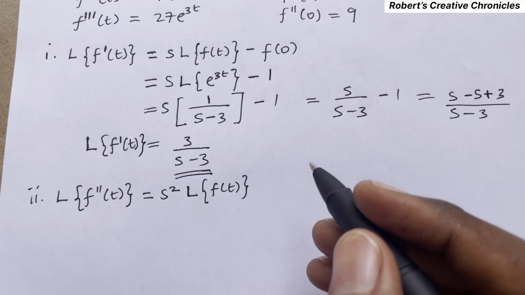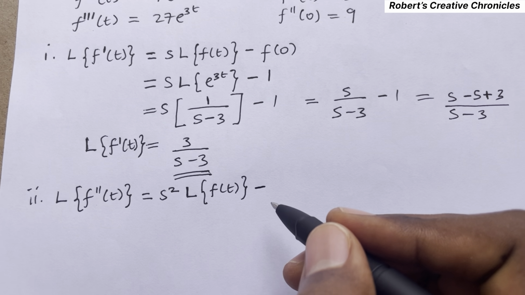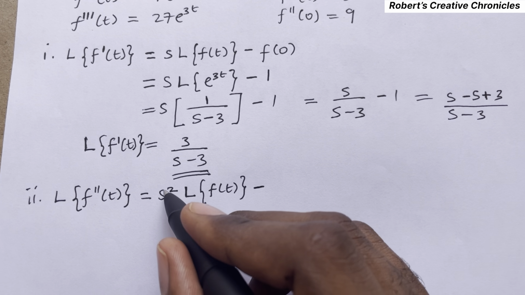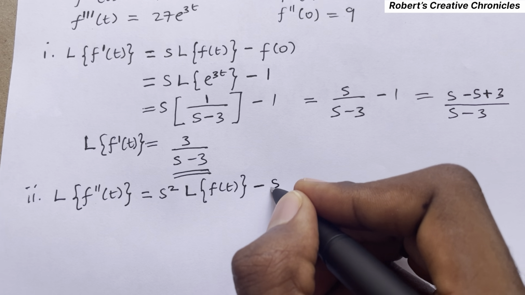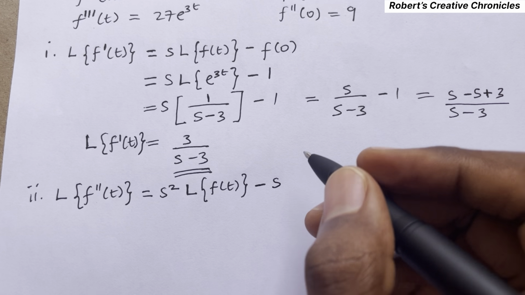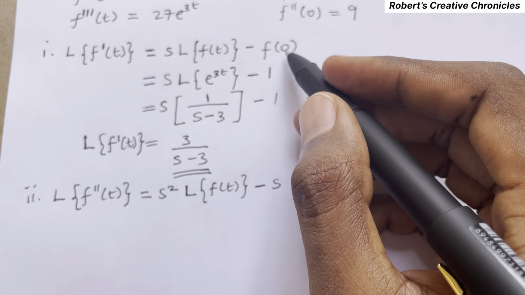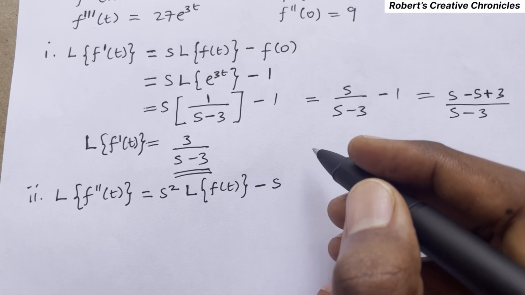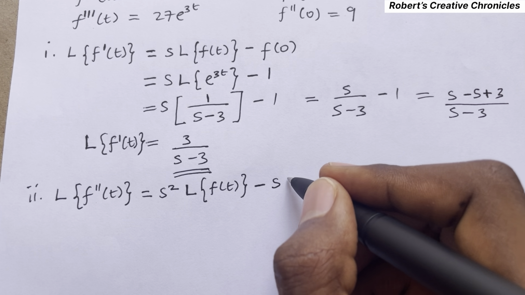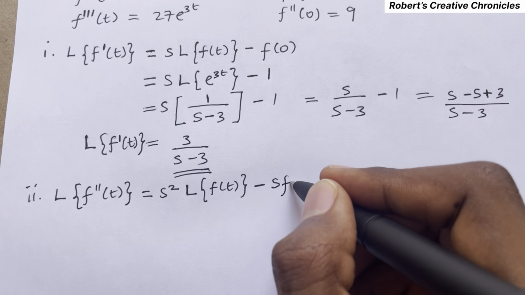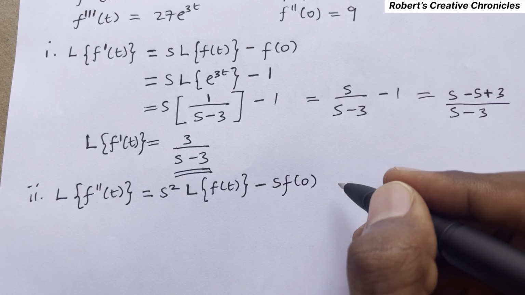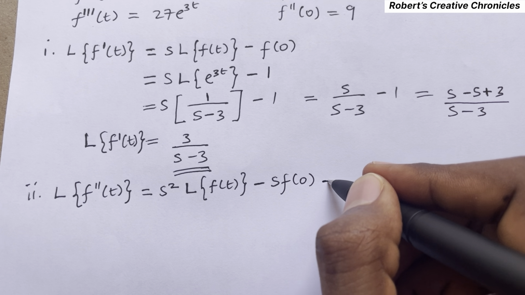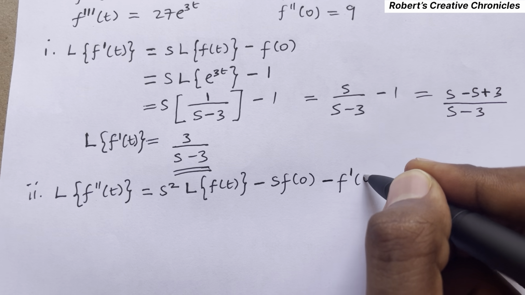After s squared, there's a minus. Then instead of s squared, you put s. Then f(0) is constant also, so it will be s f(0). Then here there's one more term, minus f'(0).